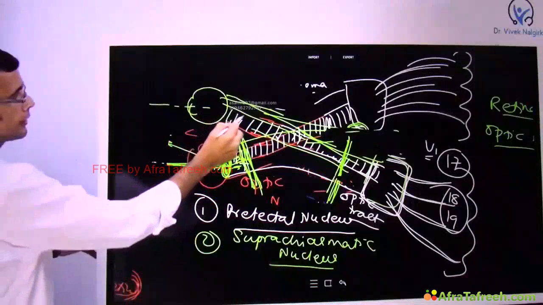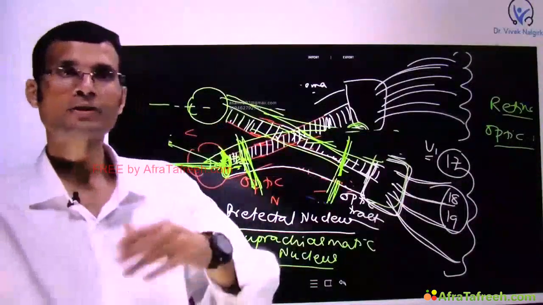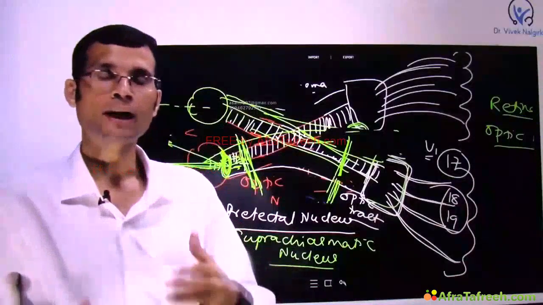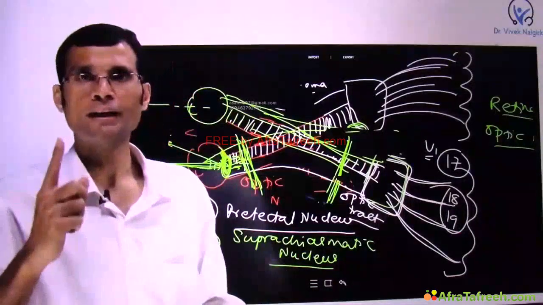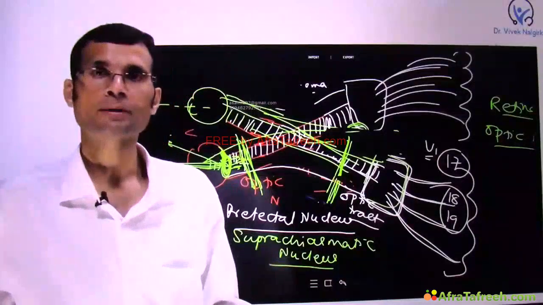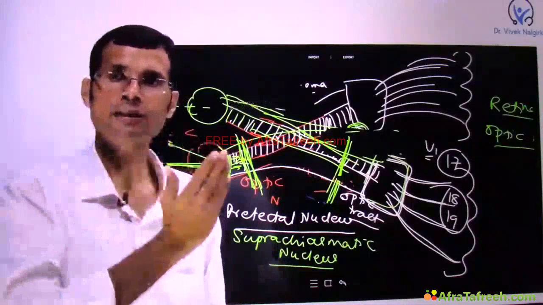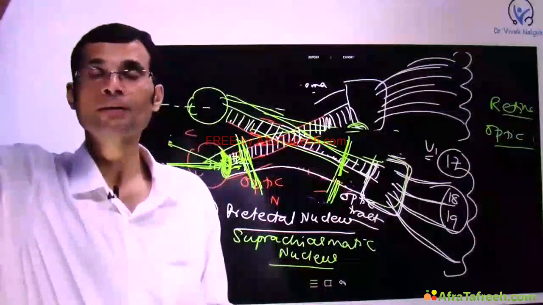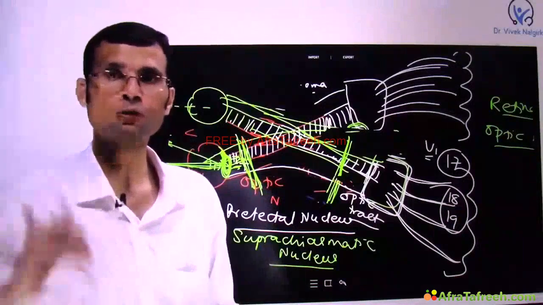Nasal fibers, we all are aware that the image is inverted on the retina. Why? Because the fibers coming from the nasal side of the eye fall on the temporal retina. Fibers coming from the temporal side of the eye fall on the nasal retina. Fibers coming from the upper field of vision fall on the lower retina.